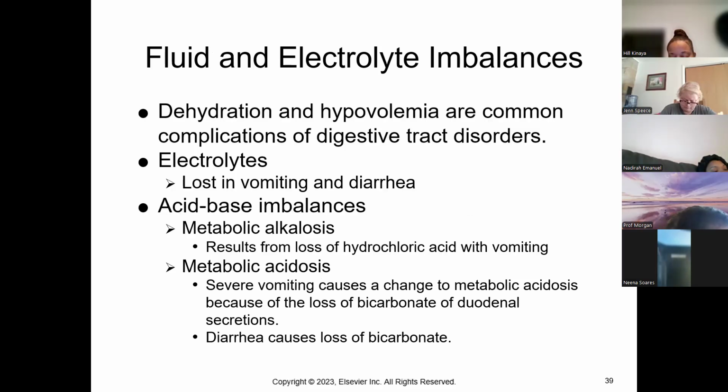When vomiting and diarrhea occur with a lack of proper fluid intake, the fluid will shift from the blood into the digestive tract. Sometimes when people have vomiting and diarrhea, they don't want to drink, and they especially don't want to drink water. So they're not taking any fluid in, they're giving fluids out, and it can cause that fluid shift.